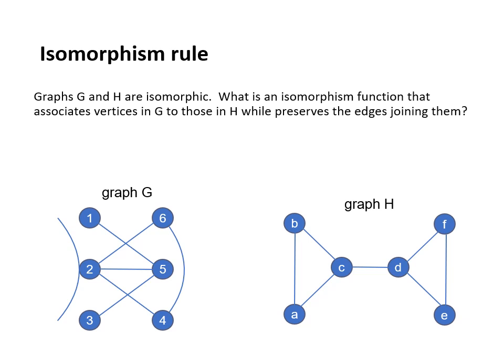So let's look at the isomorphism rule. Graphs G and H are isomorphic. In this example, we want to determine what is an isomorphism function that associates vertices in G to those in H while preserving the edges joining them.